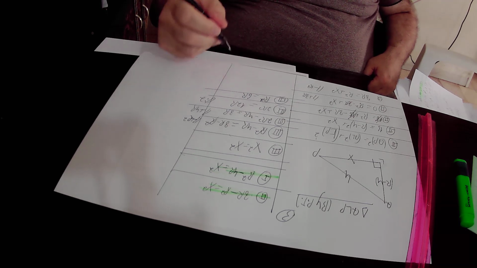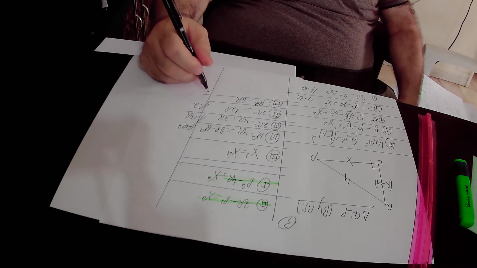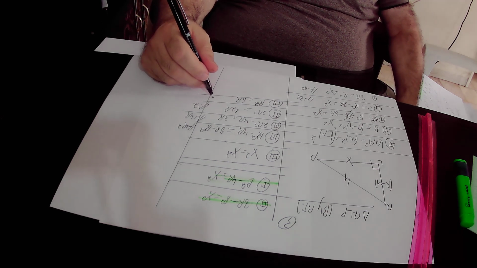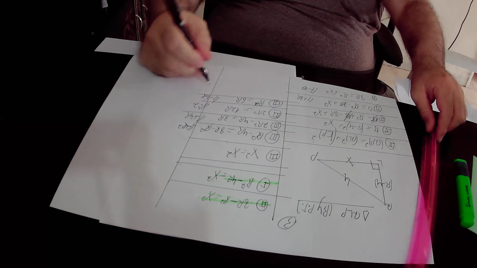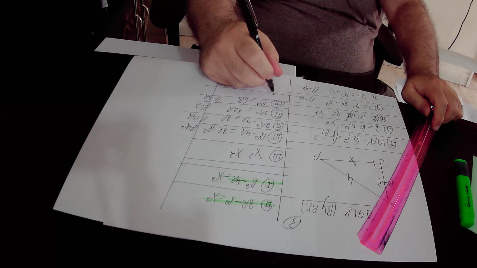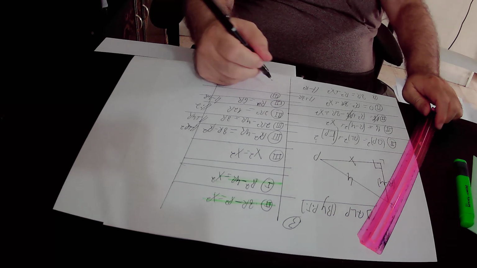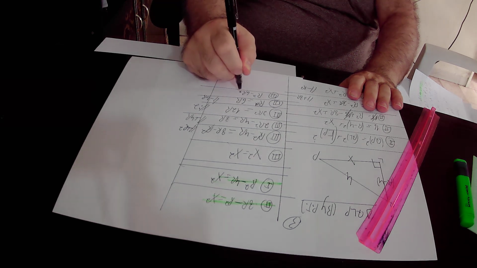So in conclusion, according to equation number 3, R squared equals 6R. Here we subtract 6R from equation number 3, and we get that R squared minus 6R equals 0.